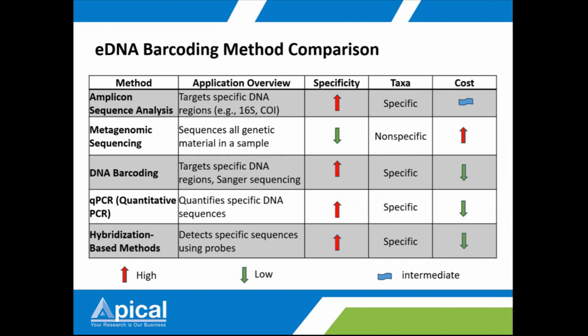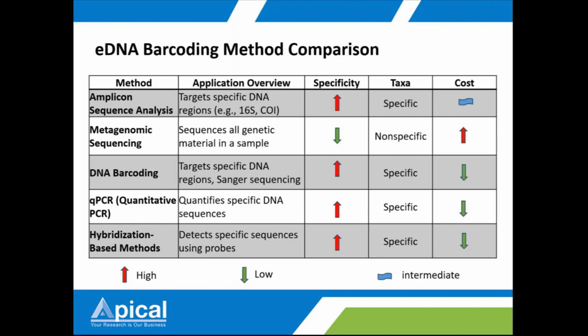Right, so next is the qPCR approach. This is useful if you want to quantify specific DNA sequences, to study the amount, the number of the species in the environment. The qPCR will be quite specific, quite accurate, right? But this is a non-sequencing based approach.